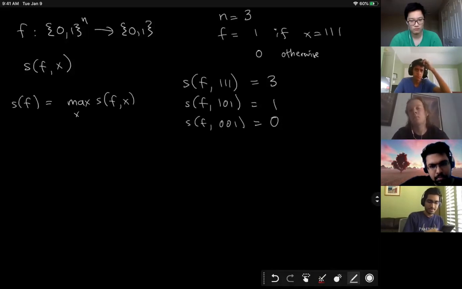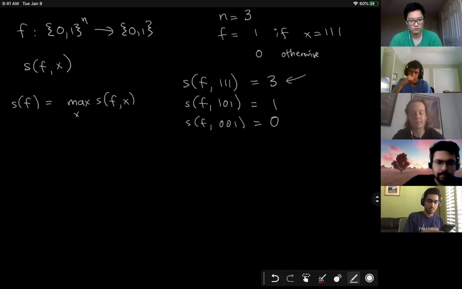You look at all the possible inputs to your function, calculate the sensitivity, and the max of all of those numbers is the sensitivity of the function itself. For the AND of 3 things, it's probably just 3, because for every other input, the output is 0 and you'd have to switch things to change it, so it's either 1 or 0. So for this function, it's 3.